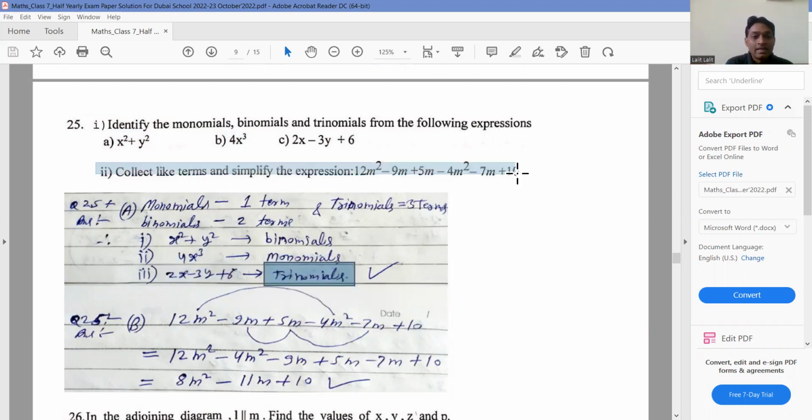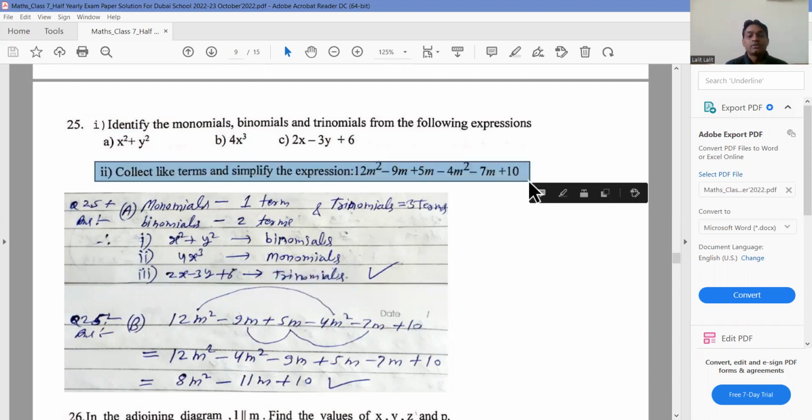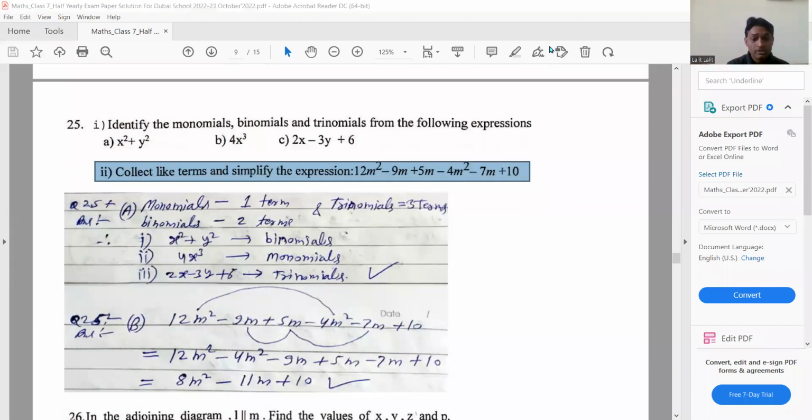Second, collect like terms and simplify the expression. Again, we need to identify like terms first and then add and subtract whatever operation is given. So if you see this question, like terms are 12m square, 12m square, and minus 4m square.